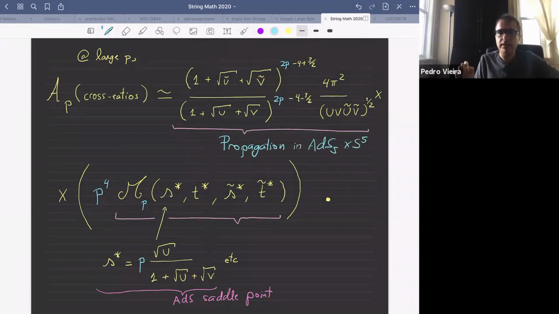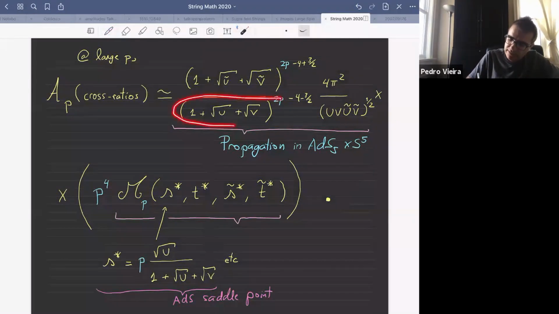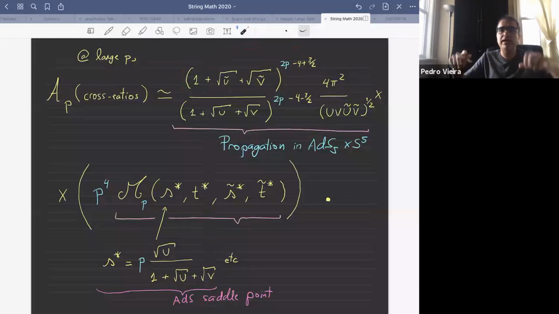Okay. So indeed, you see that this expression really looks like there are some parts like this one, which is AdS, and then some part like this, which is sphere, some part like this, which is AdS, some part like this that is sphere. So this part really knows that it's a product of two spaces. There is AdS5 and there is S5.